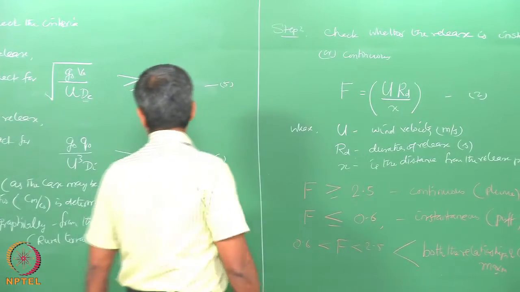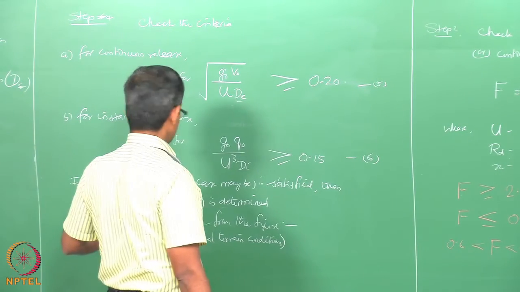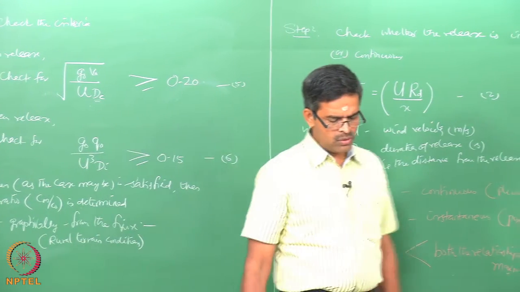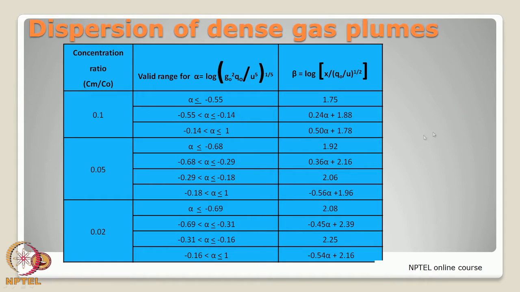Alternatively, you can also calculate the dispersion in the concentration ratio based upon the equations shown on the screen now. Please pay attention to the table which gives a series of equations for the dispersion of dense gas plumes. The concentration ratio Cm by C naught can be computed in groups for different values of alpha and beta, which are calculated depending upon G0, Q0 and U, as already explained.